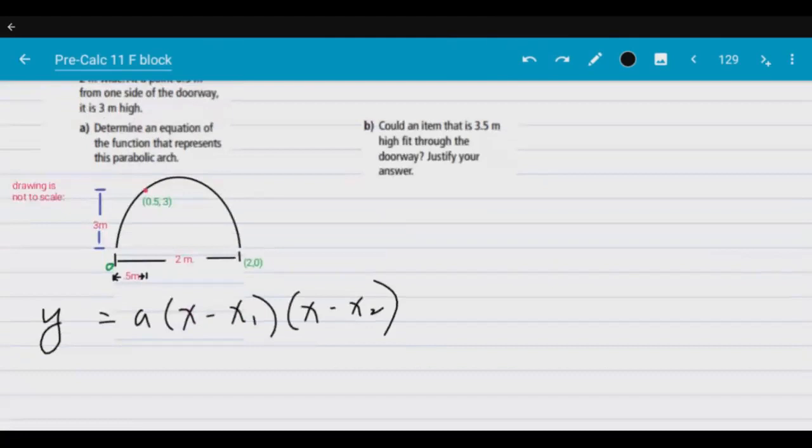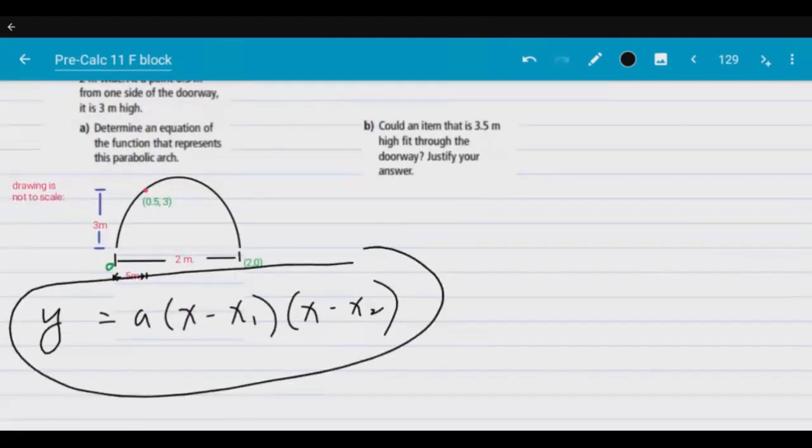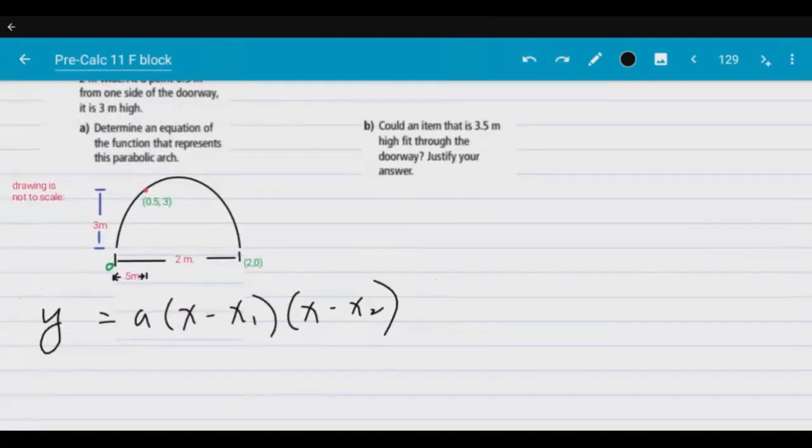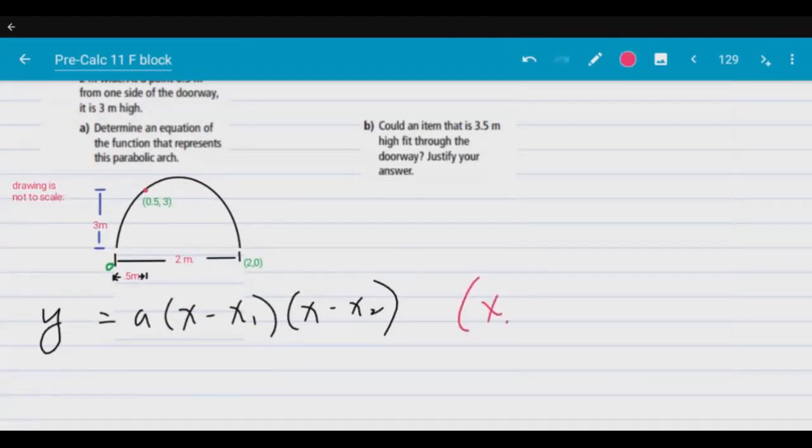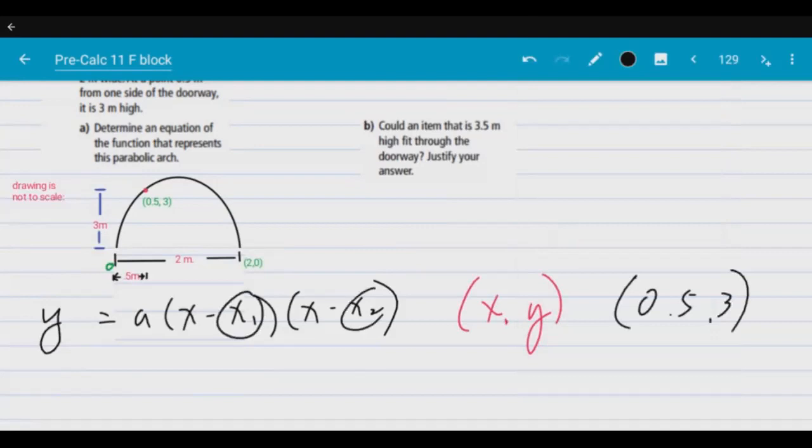So we are going to be using this equation, all right? We're going to need a point to replace x, y here, and that will be 0.5, 3. What about x1 and x2? Now, guys, isn't it that x1 and x2 are x-intercepts?